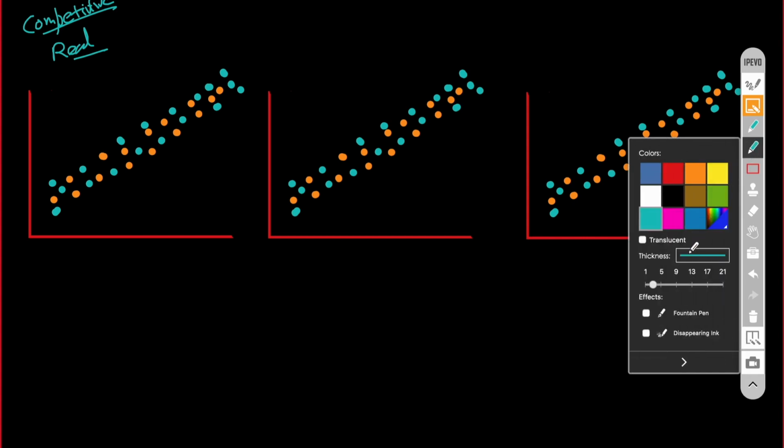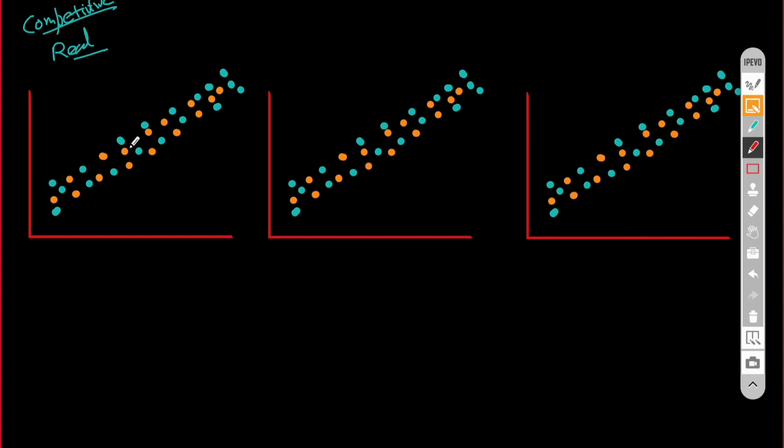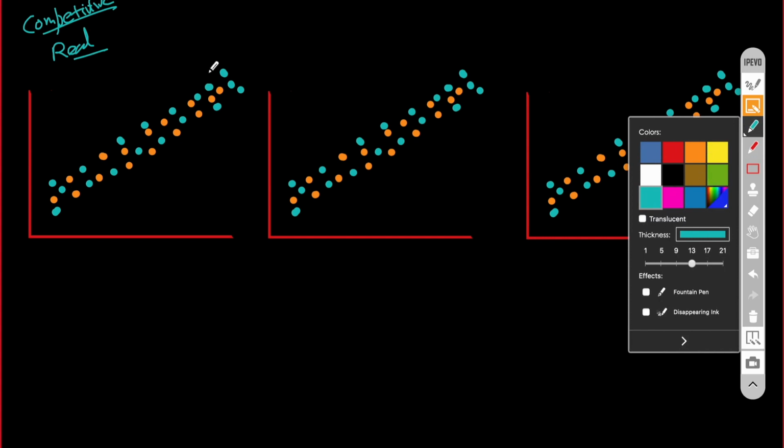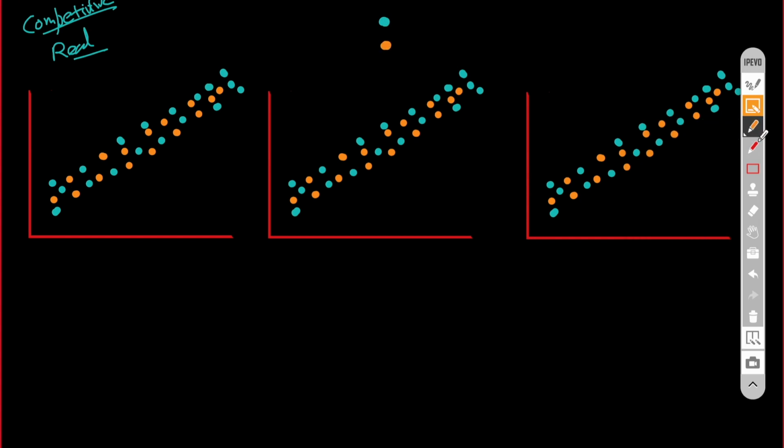Here I want to notify this to you. If you have this right here, this is my training data and this is my testing data. Green is testing.